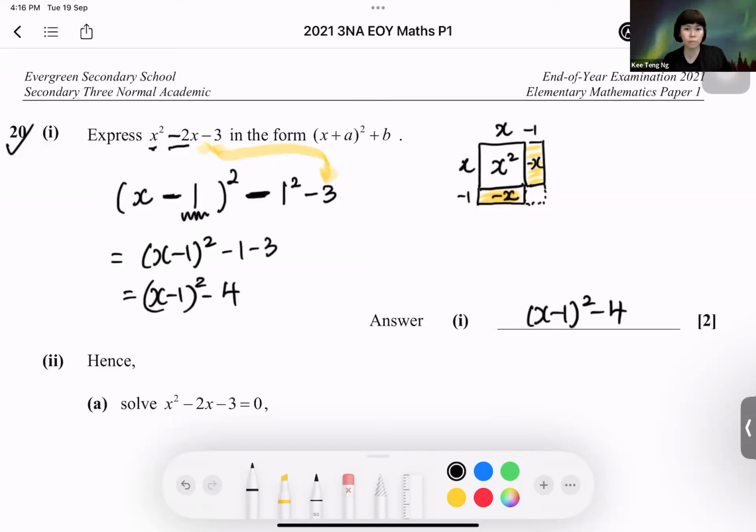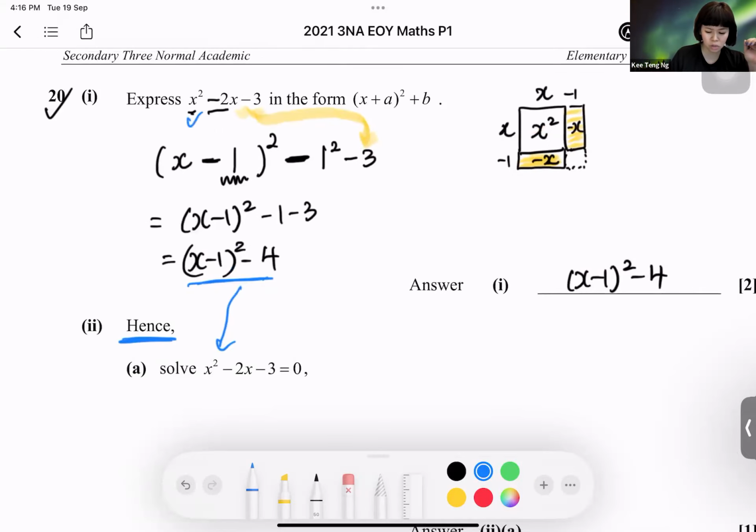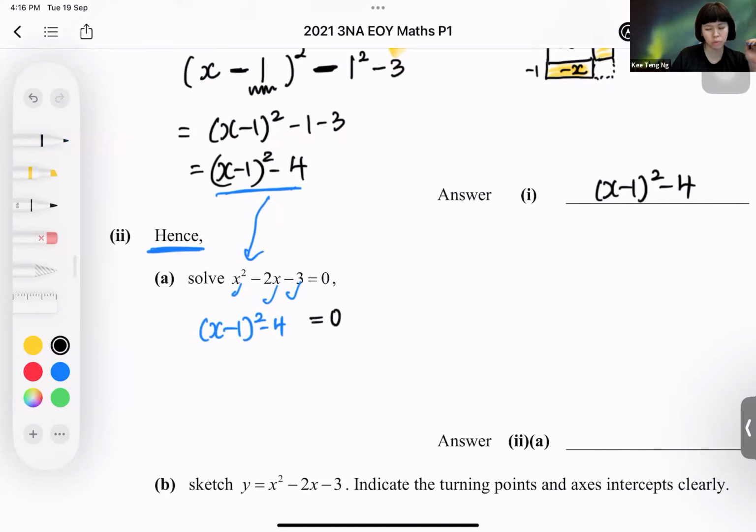So 2 marks are quite important. Please know how to do it. Then the question says 'hence', that means I must use this answer. Let's check: x squared minus 2x minus 3, they're all the same. So this part is replaced by x minus 1 squared minus 4 equals 0. Then what do we do?